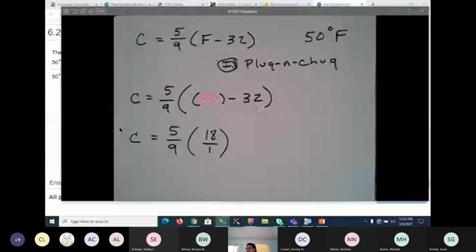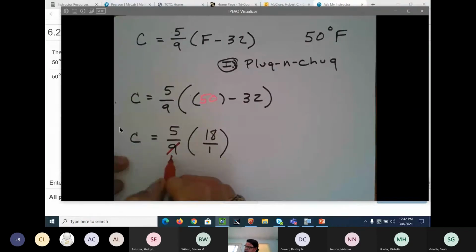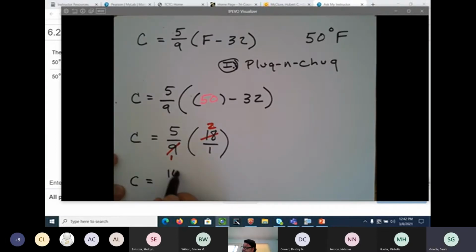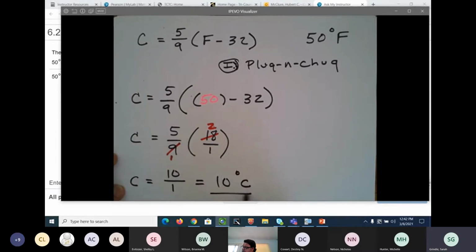It will cancel, Hubert. That's right, class. 9 will go into 9 one time. 9 will go into 18 two times. And what's 2 times 5? 10, Hubert. 10. That's right. So 10 degrees Celsius. So 50 degrees Fahrenheit is equal to 10 degrees Celsius.